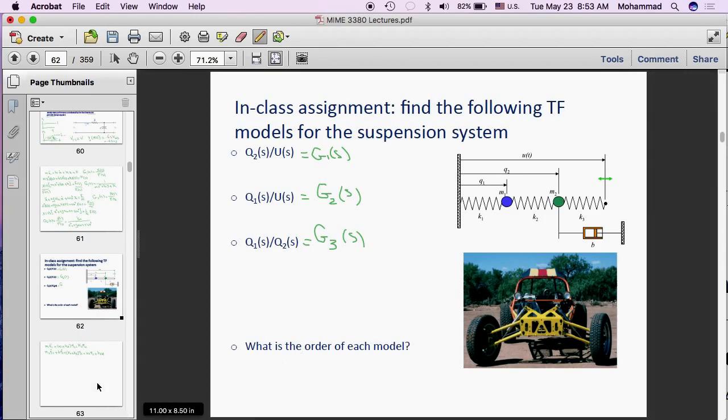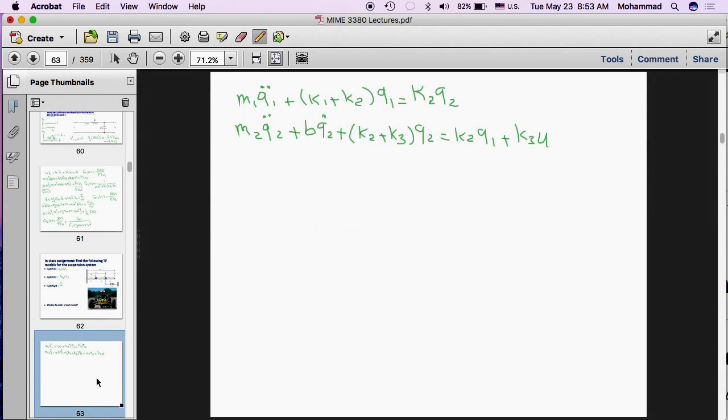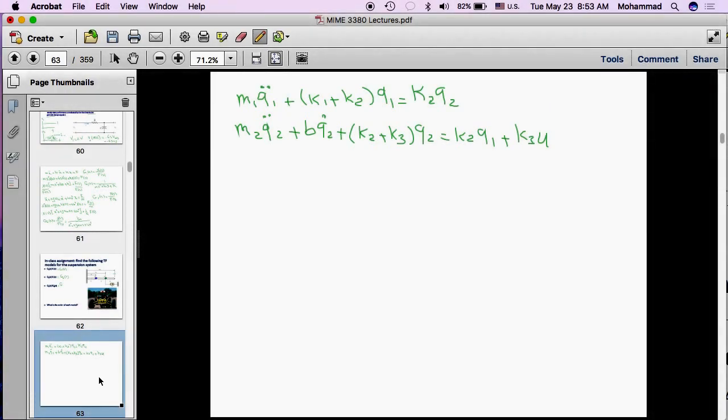So what is the first step? What should we do? Let me ask you here. We take both differential equations and take them to Laplace.